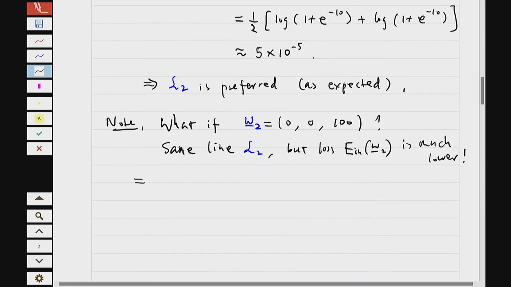So logistic regression typically requires regularization.